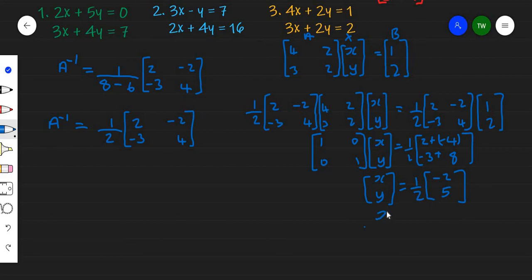So it's going to be xy here is equal to a half times negative 2, that's also going to give us negative 1, and a half times 5, that's also going to give us 5 over 2.